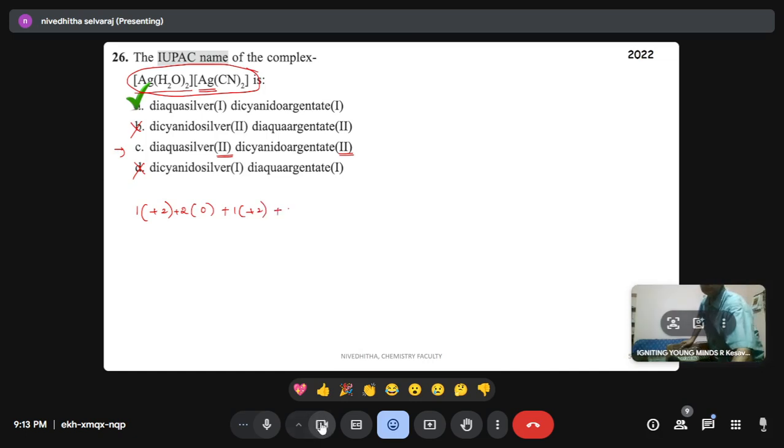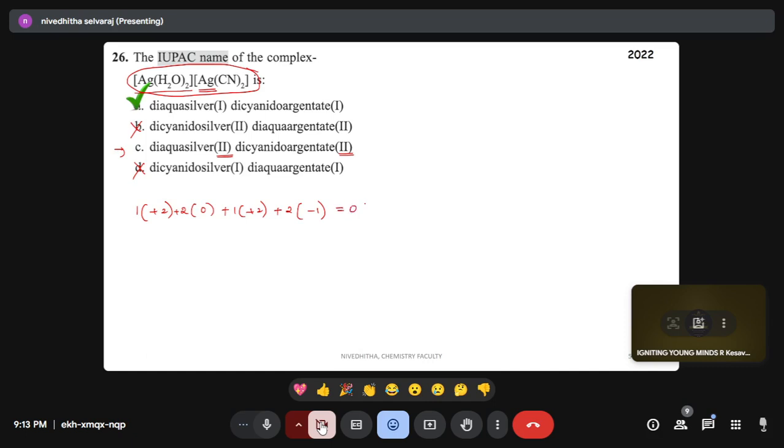I have two cyano groups and the valency of cyano group is -1, and total charge has to be 0, right? I just simplify this. 1 into 2 is 2, this is again 2 minus 2, which must be equal to 0, but it is not equal to 0, right? So definitely option C is wrong.